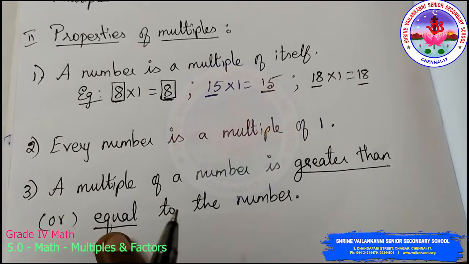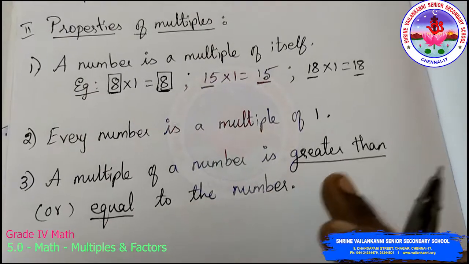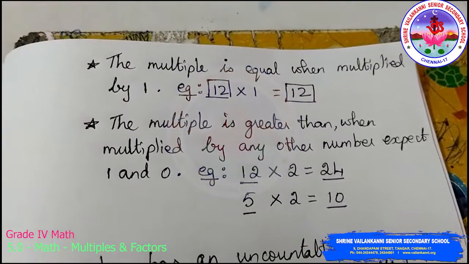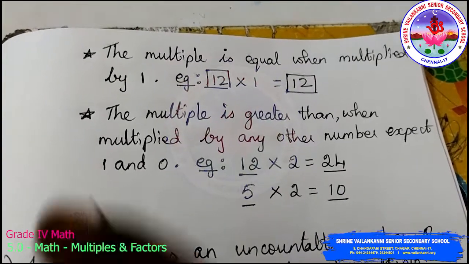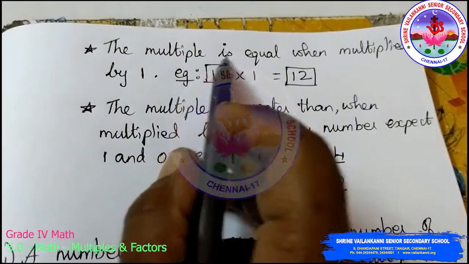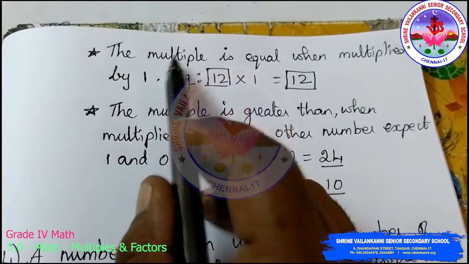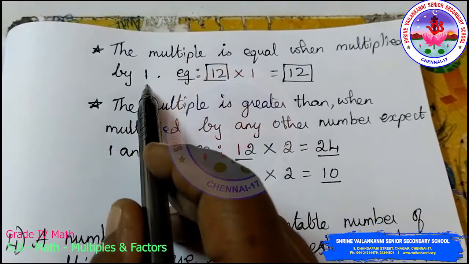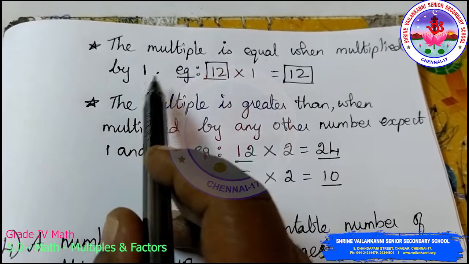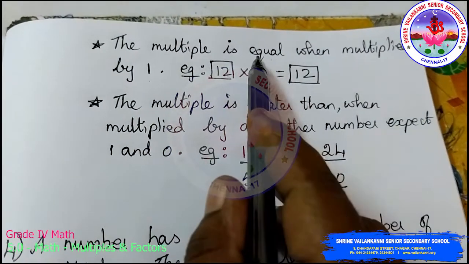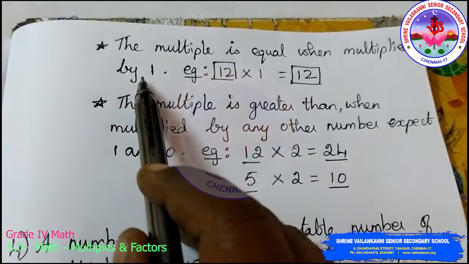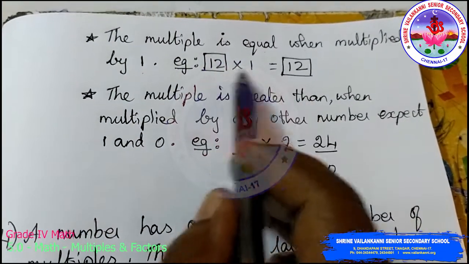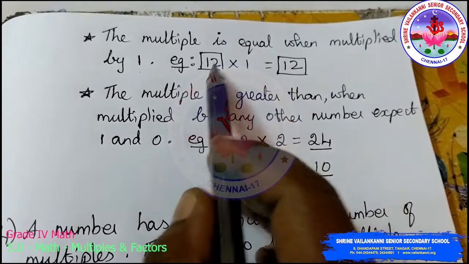I will show you where you will get an equal number and where you will get a greater number. The multiple is equal when the number is multiplied by 1, so when you multiply a number with 1, the multiple will be equal.